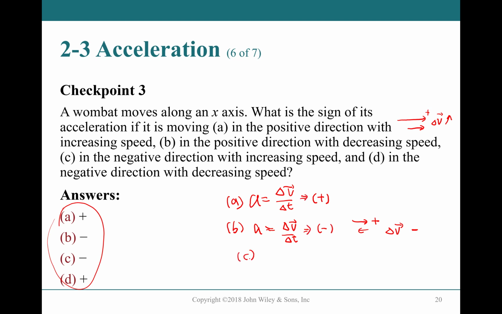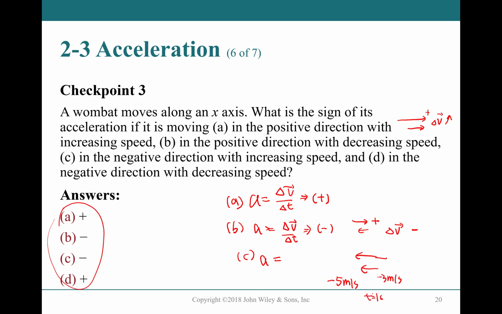And then C is in the negative direction with increasing speed. This is a little bit tricky. So basically, we can use an example. This is going from -3 meters per second to -5 meters per second, maybe in a time t of 1 second.